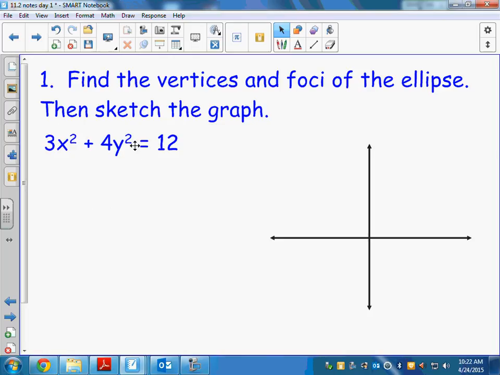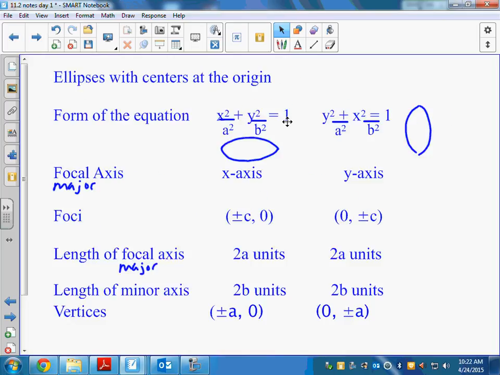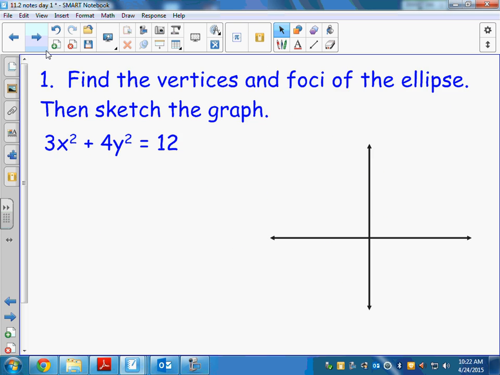Does this look like the equations for these ellipses that I just gave you? No. To have an equation of an ellipse, x and y are never going to have something in front of them. And even more important, to have an equation for an ellipse, it's always equal to 1. So that's where you get these fractions from. That's why they wanted us to review rational functions, because these sometimes look like rational functions.